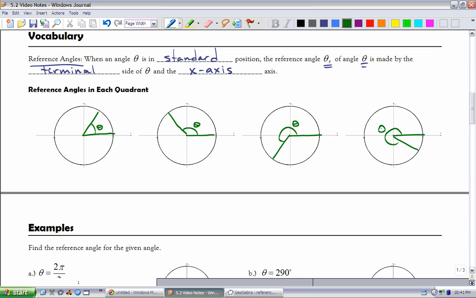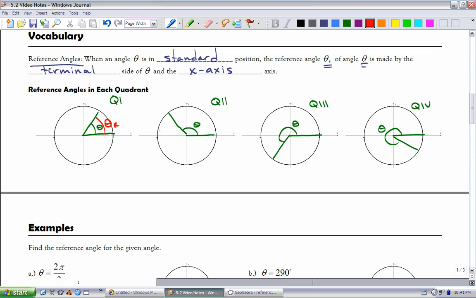That's our angle theta, in quadrant 1, quadrant 2, quadrant 3, and quadrant 4. Now, in the first quadrant, our reference angle in red is going to be the same as our angle.